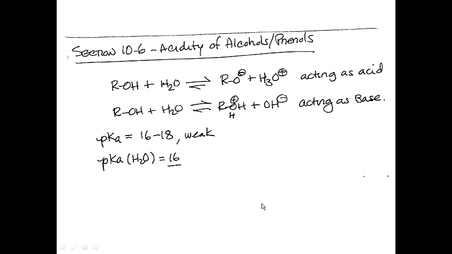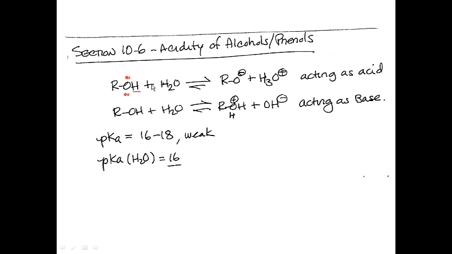The last thing that we'll talk about with alcohols, at least in this introductory lecture, is the acidity and basicity to some extent of alcohols, but we'll deal with acidity first. If you have an alcohol, the oxygen has lone pairs, which gives it the ability to accept a proton. It also has a proton, so it can donate one.